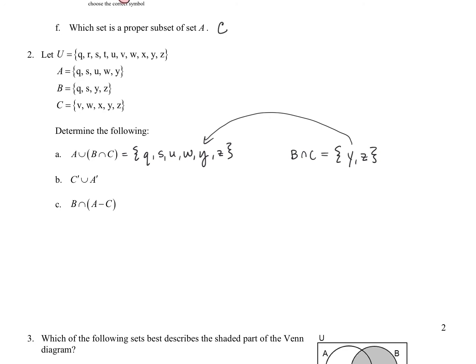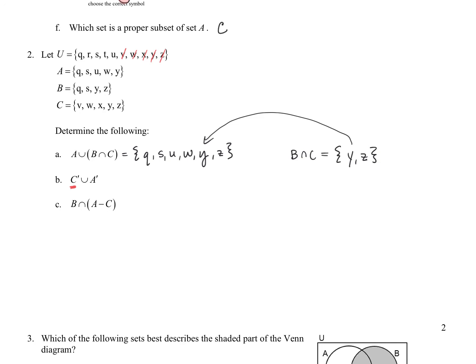So C, if I'm looking at the universal set, I'm going to cross out everything that's in C. So that would be V, W, X, Y, Z. So the letters that are left in the universal set are all of the letters that are not in C. Okay, so that's this part.